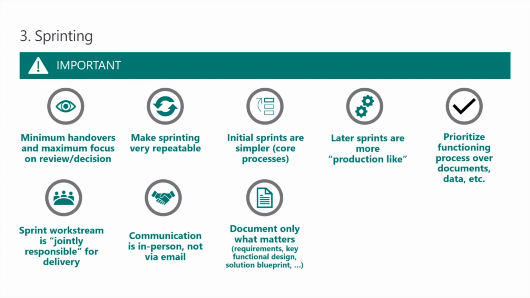Or I need to get the right resources defined for a very specialist task that's coming in the next sprint. Get all of that out of the way so that when the sprint in which that decision is needed starts, it's already done. Day 1 to day end, you are sprinting. You're not stopping, you're not reviewing, you're actually delivering working software, and you're removing obstacles for that delivery ahead of the sprint.